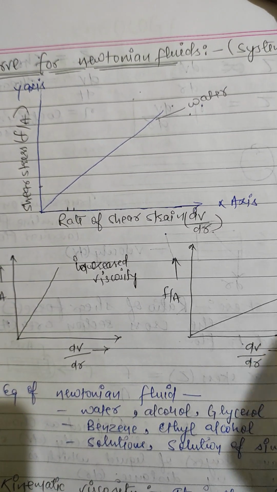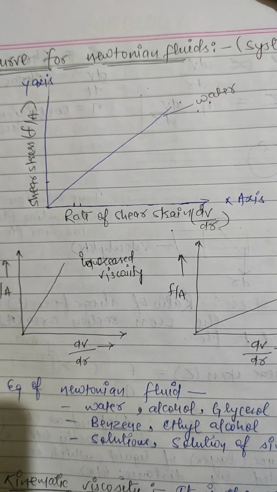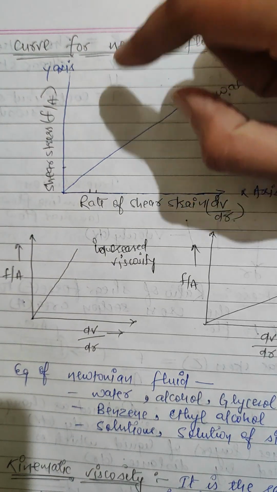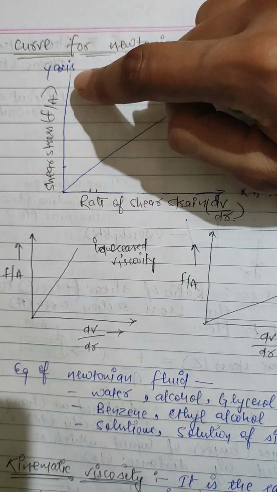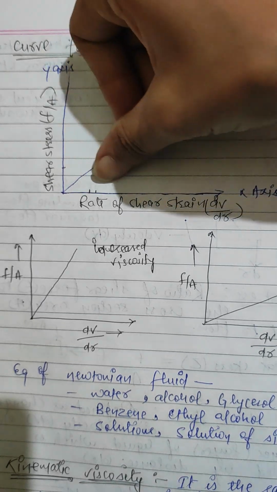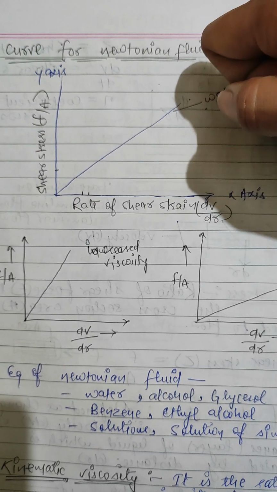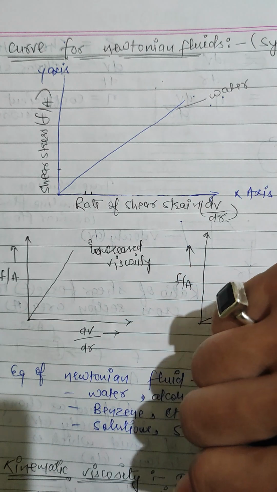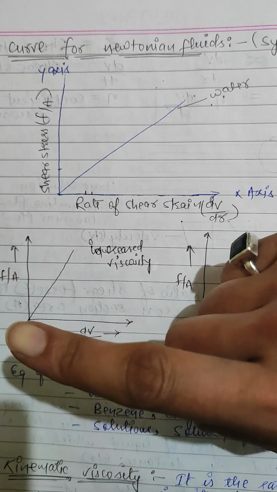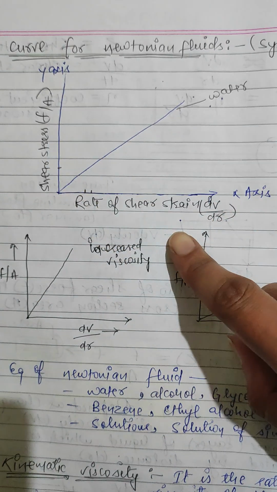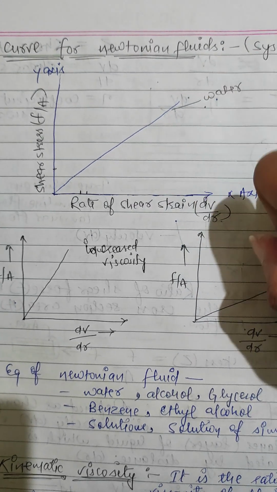The fluids which obey Newton's law are known as Newtonian fluids. If we make the graph between the shear stress, that is force per unit area required to flow, versus rate of shear strain on the x-axis, that is dV by dr, then if any fluid follows Newton's law, the graph between shear stress and shear strain will be a straight line. Let's say for water.